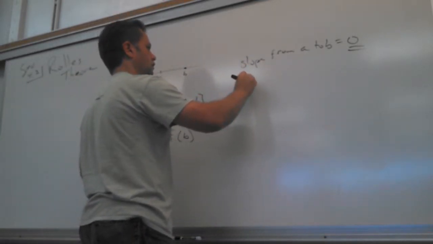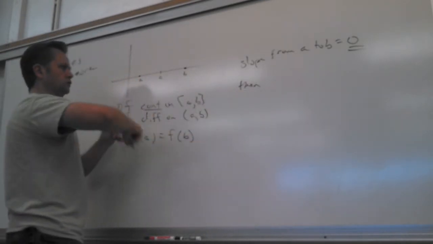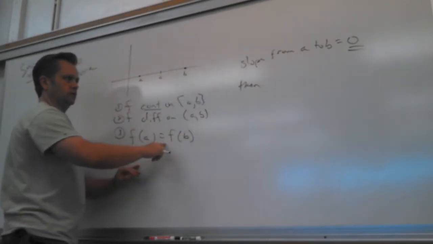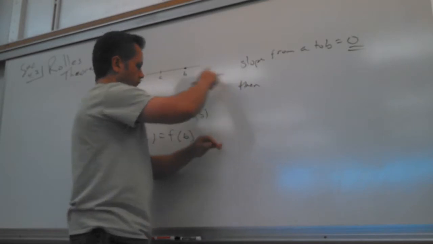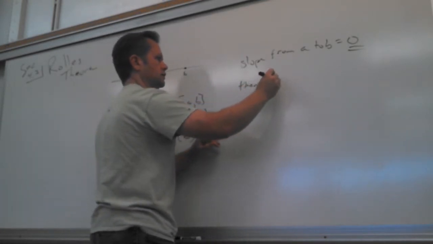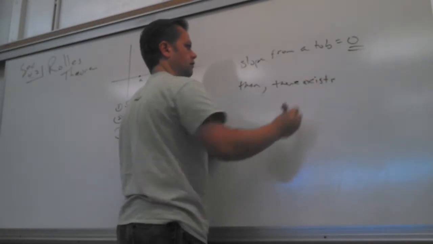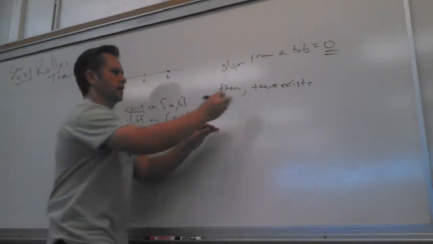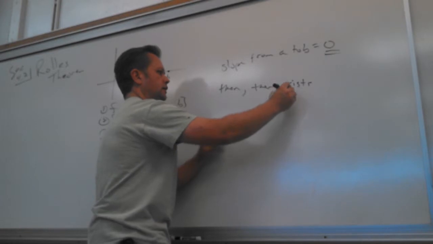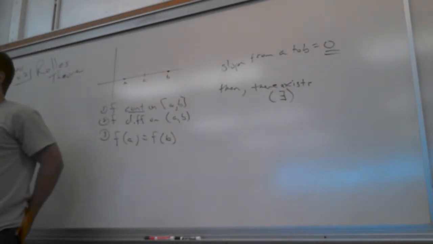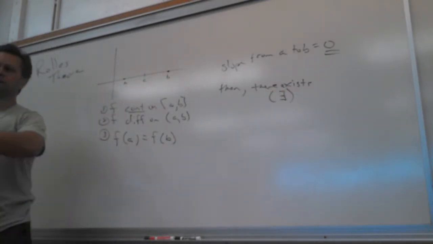Then there exists, so if all this is true, then there exists, and sometimes I might use this symbol for there exists, the backward E. The backwards E means there exists, just in case I do that without thinking.